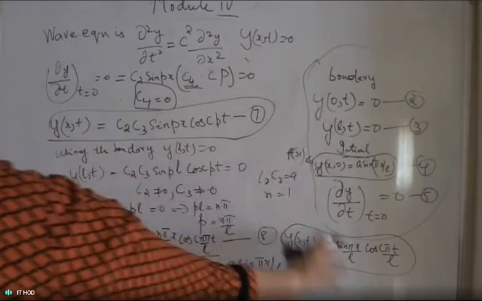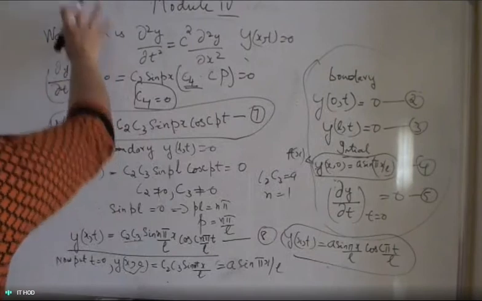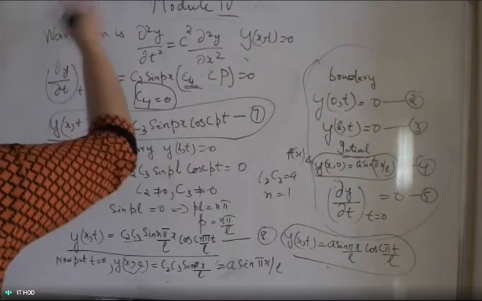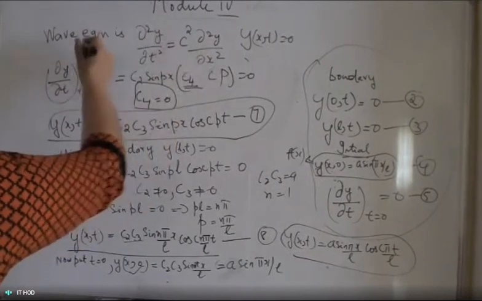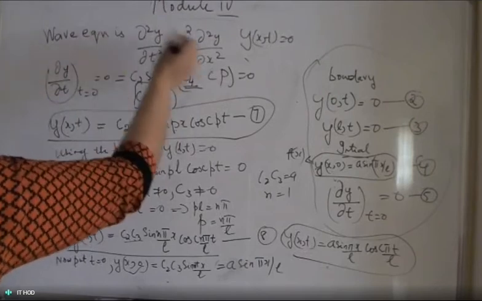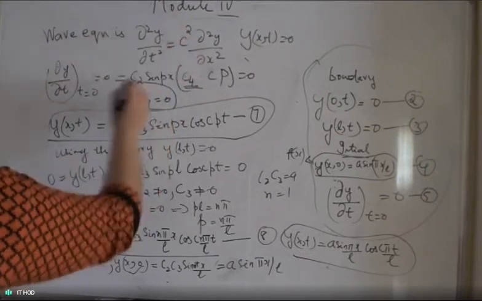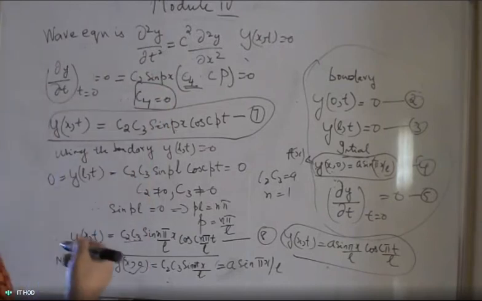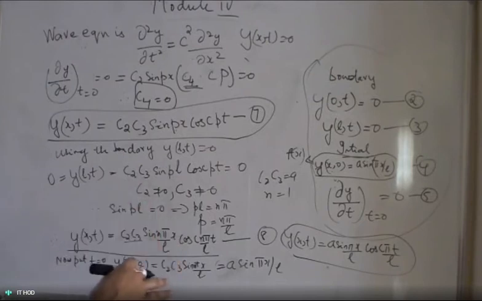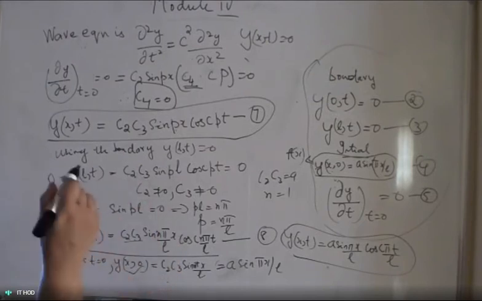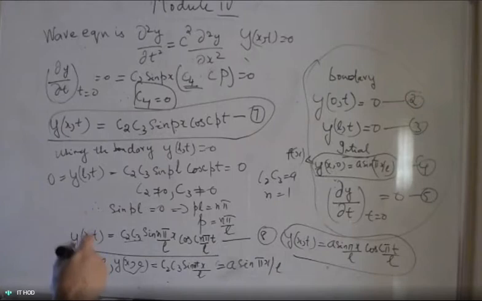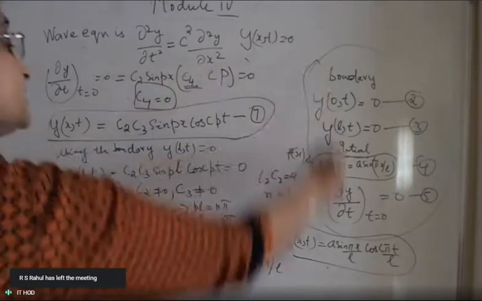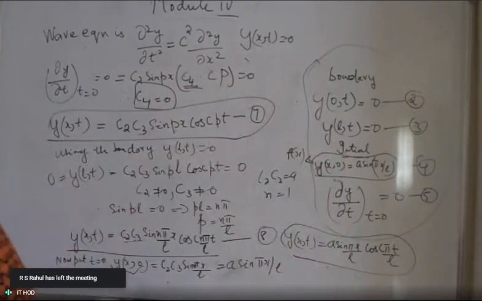After getting this, you have to start from the equation: if it is the heat equation, start from that; if it is a wave question, start from the wave equation. For the wave equation, we already know the solution. After writing the solution, you have to eliminate each constant using each condition, boundary or initial.